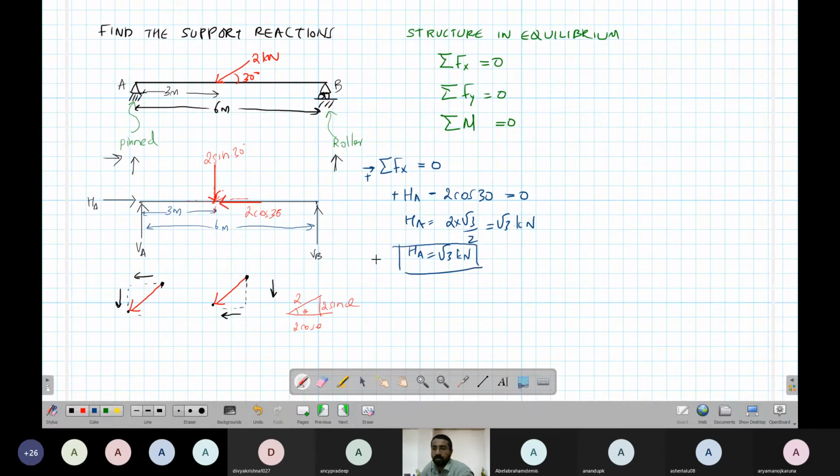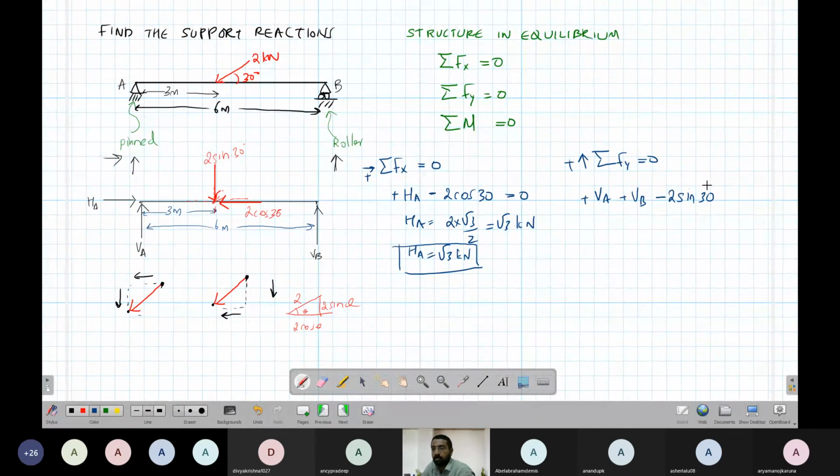Now summation of forces in y direction should be equal to 0. Up is positive. So what are the forces in the y direction? There is a VA in upward direction, so it is positive. There is a VB in upward direction, that is also positive. Then there is a 2 sin 30 in downward direction, so that is minus.